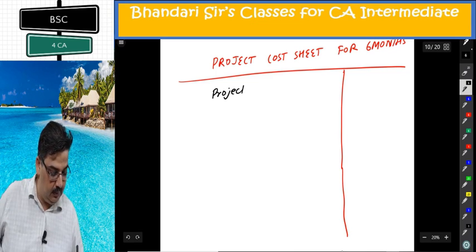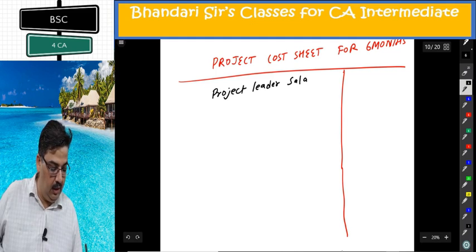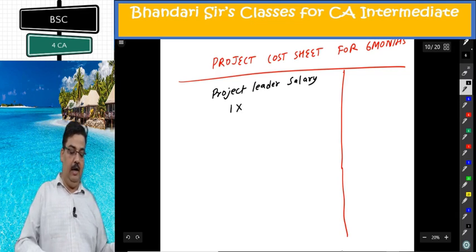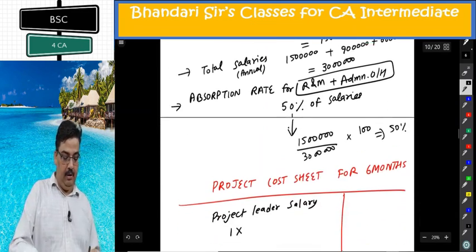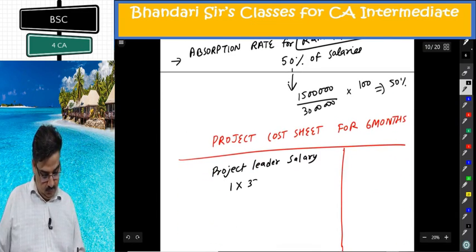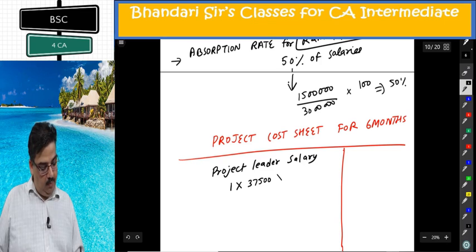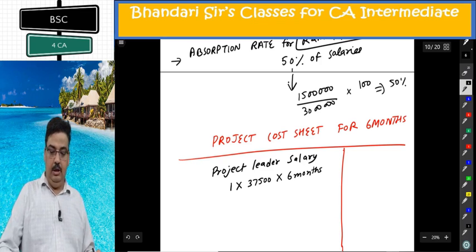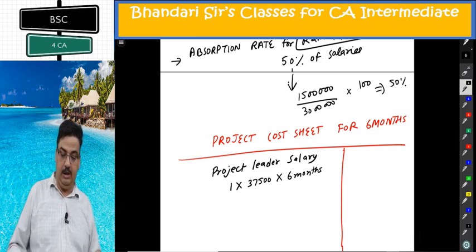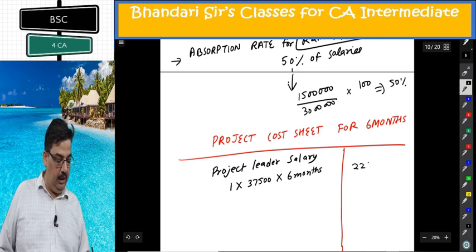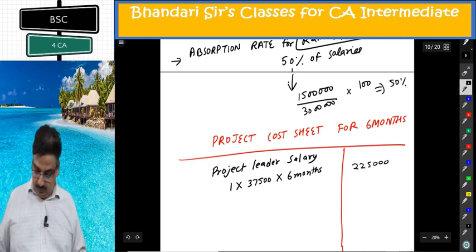Project leader salary. 1 into what was the rate for a project leader per month? 37,500. Multiplied by 6 months. This project is working for 6 months. So project leader worked for 6 months. It costed me 2,25,000.